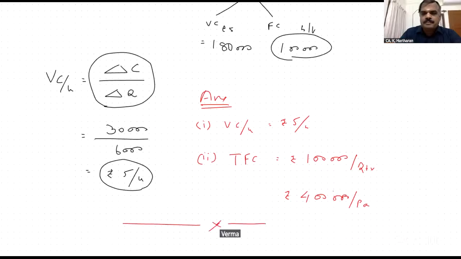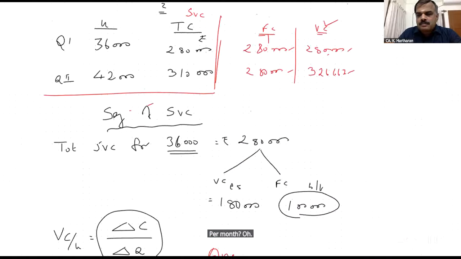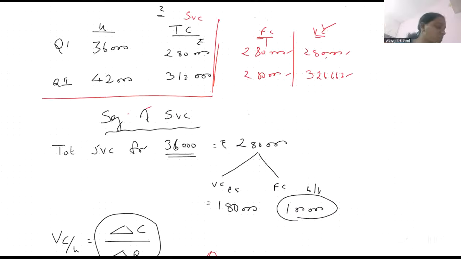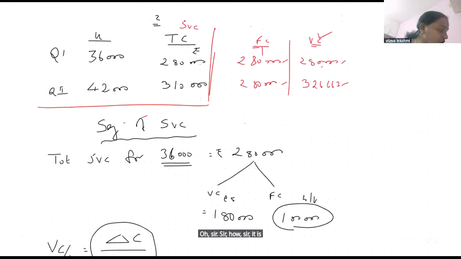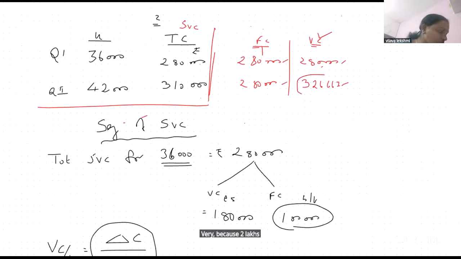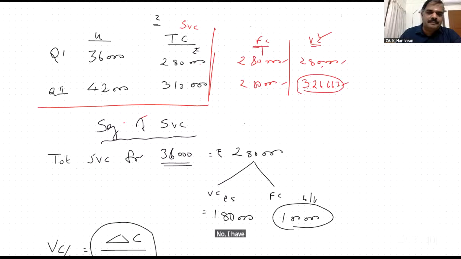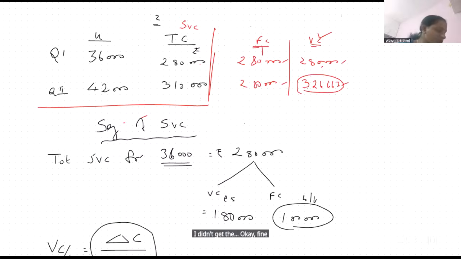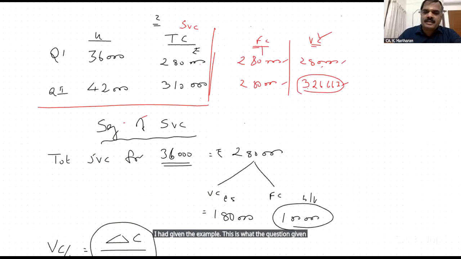Variable cost 2,80,000. I didn't get it, sir. No, I have given the example. Okay, fine. This is what the question gives. Am I right? Okay, sir.